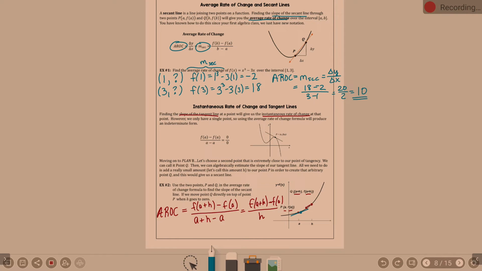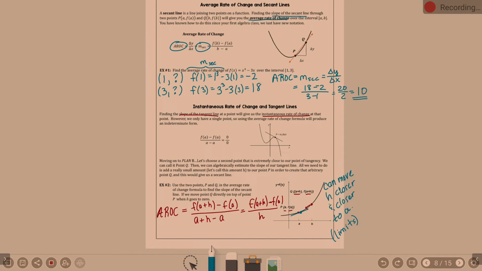Okay? I have a note in my notes that says, can move h closer and closer to a. And then in parentheses, I'm going to tell you that that is a limit.